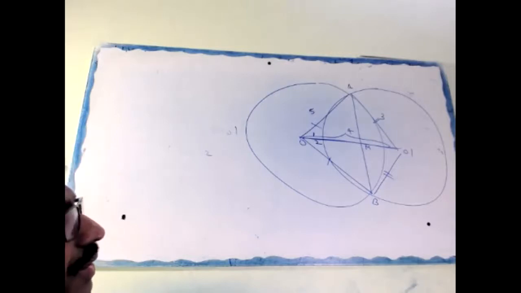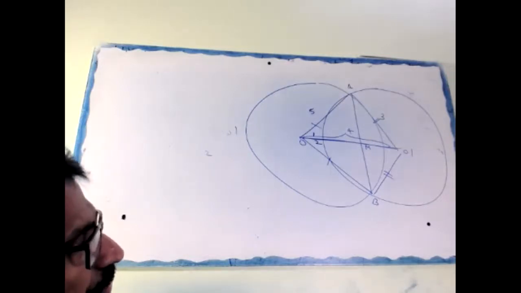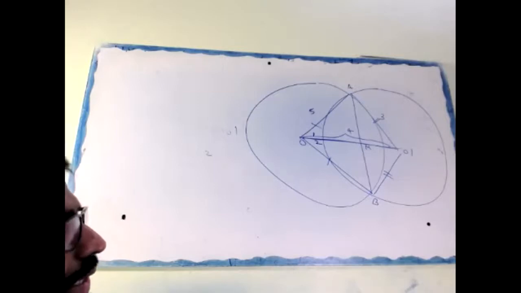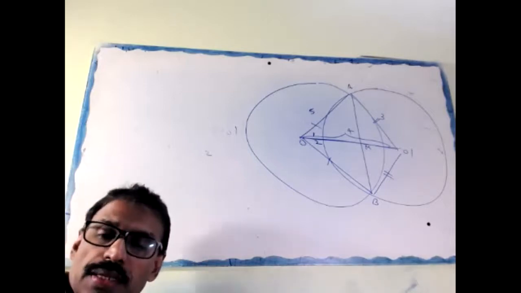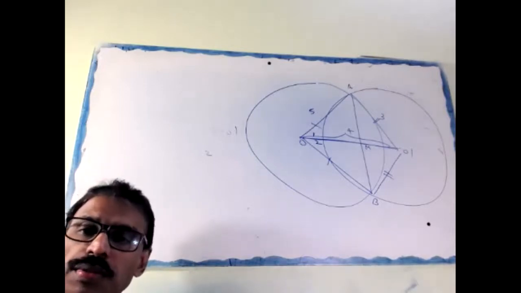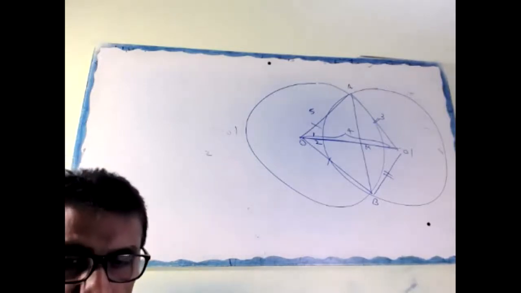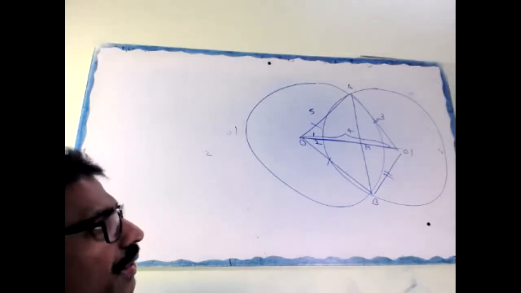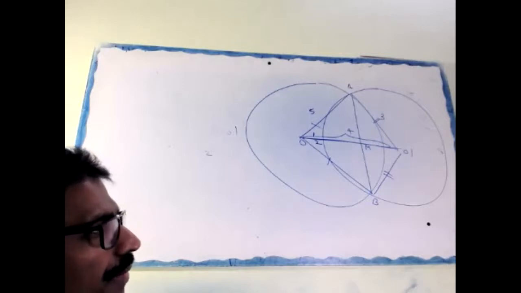Look at here. OA is 5, O dash is 3, O dash is 4. We already proved O dash is the perpendicular bisector. That means AM equals MB and angle M is 90 degrees.